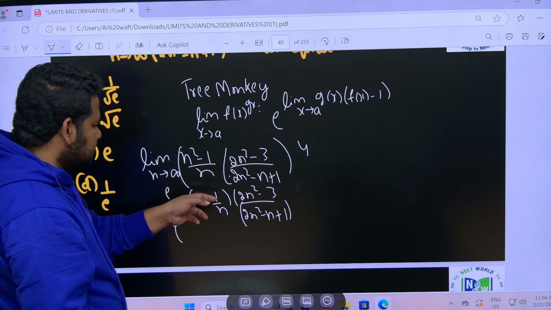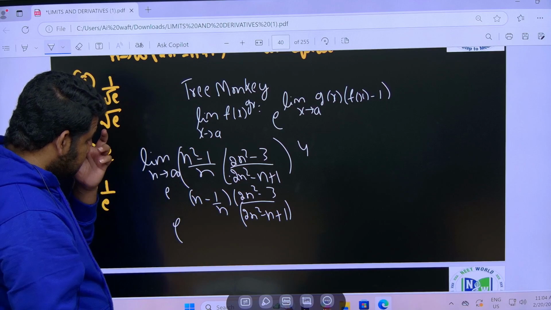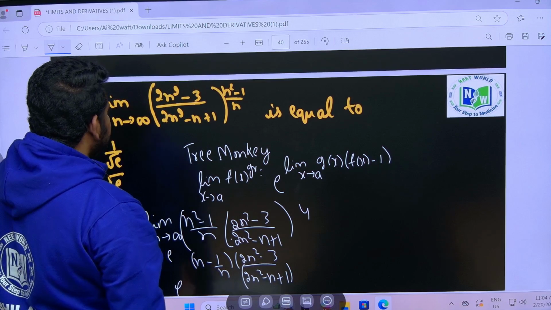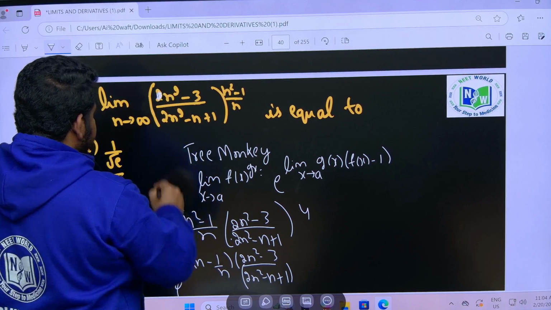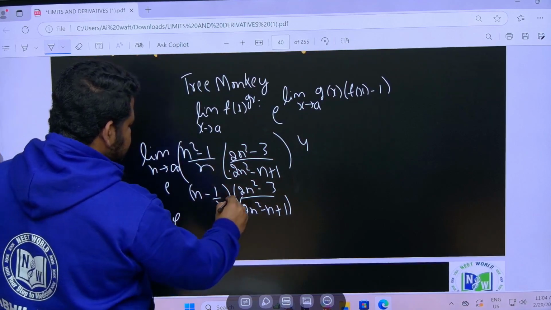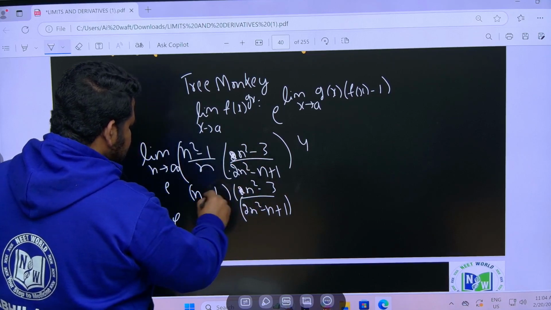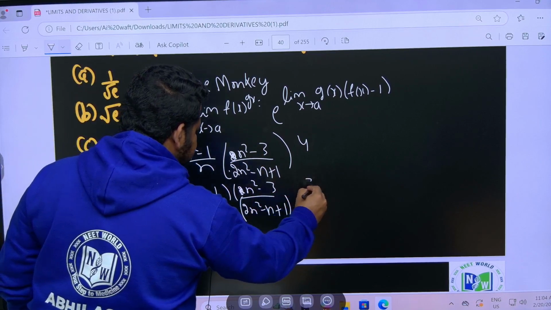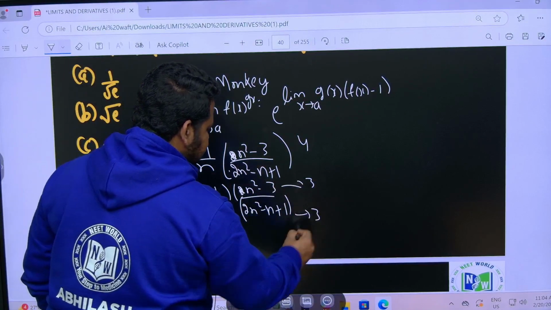But the coefficient here is 2; actually the question should have just n square, not 2n square. So this will be n cube. The power here is 3, and the power in the denominator is also 3.